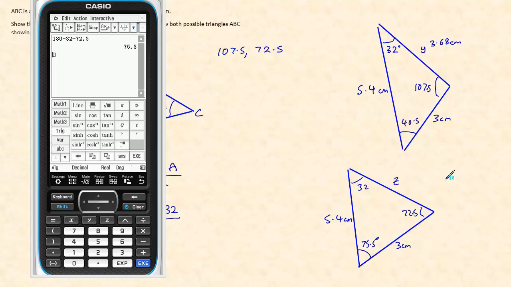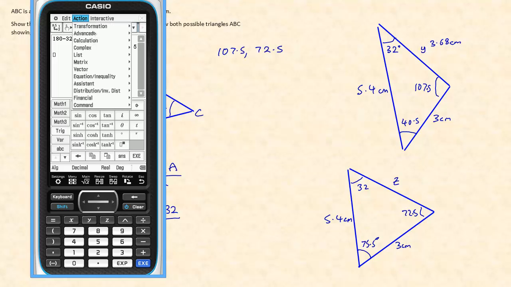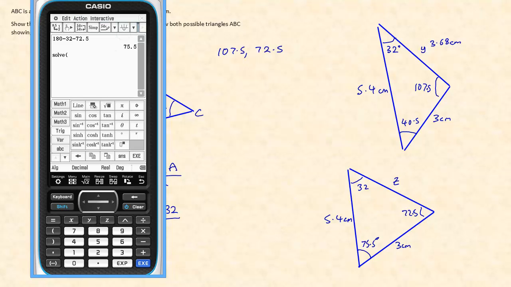So then we want to find z. So action, advanced, solve. So the z up there, now remember on the calculator I'll call it x because it automatically solves for x, don't have to tell it to.